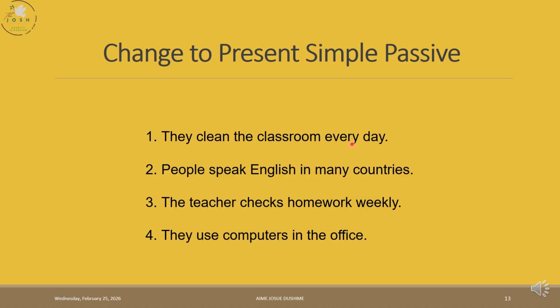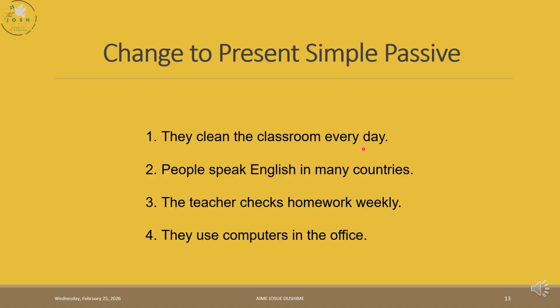They clean, it is a routine, so it is a present. The classroom, then you say is, because classroom is it. Then you add V3 of the verb. The verb is clean, V3 is cleaned. The classroom is cleaned. Then, what do we have here? We have every day. The classroom is cleaned every day.